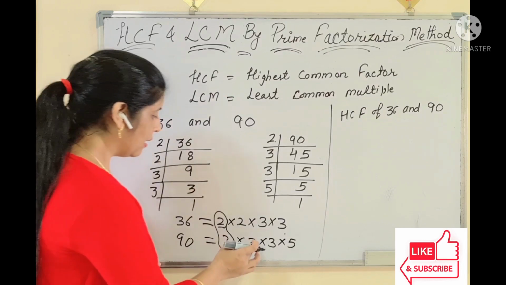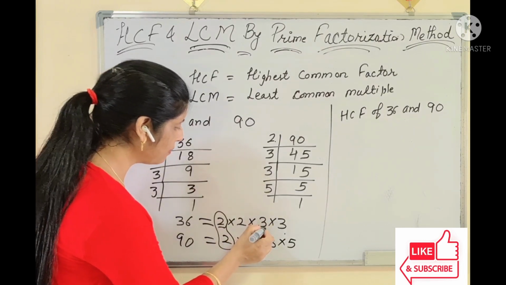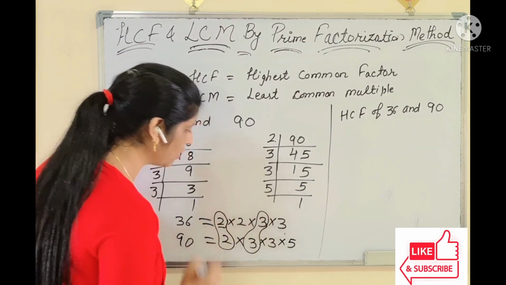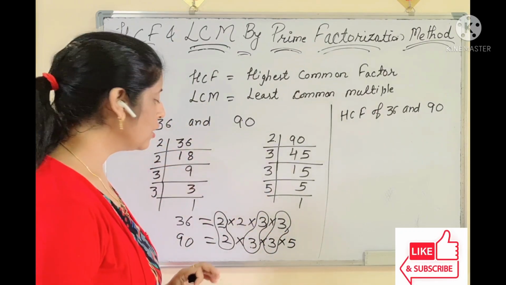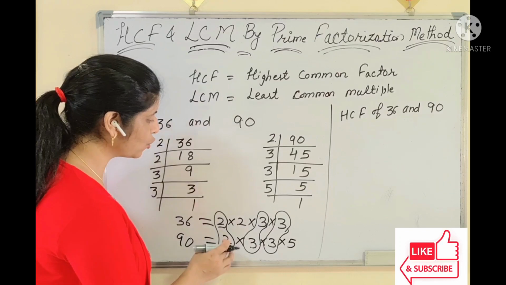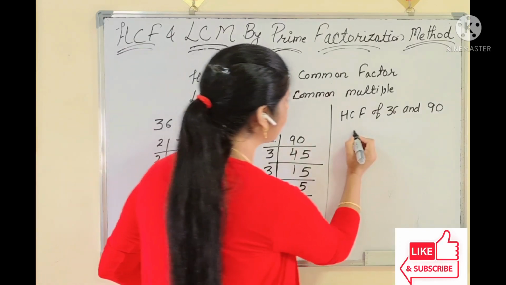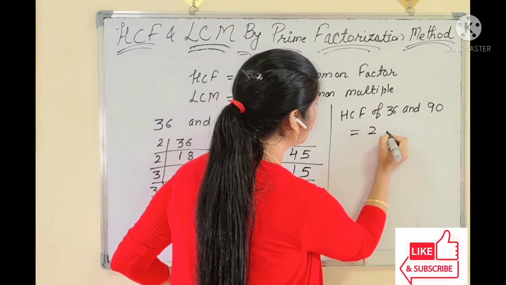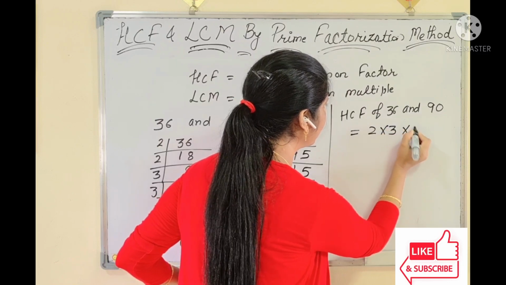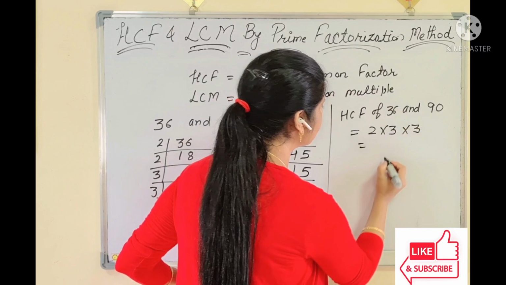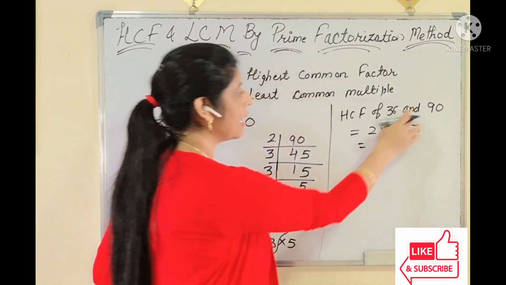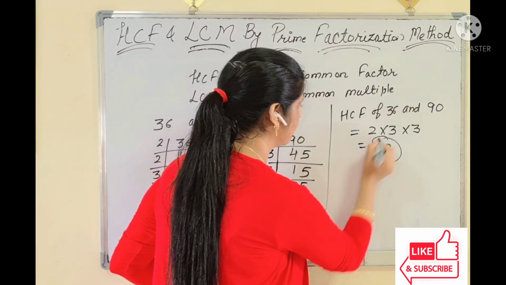Let's say 3, we have 3 in both the numbers, we'll circle 3, and again 3 we have in both the numbers. So the common factors are 2, 3 and 3. So we will write the HCF as 2 multiply 3 multiply 3. Now we will multiply all the numbers: 2 3s are 6, 6 3s are 18. This is the HCF.